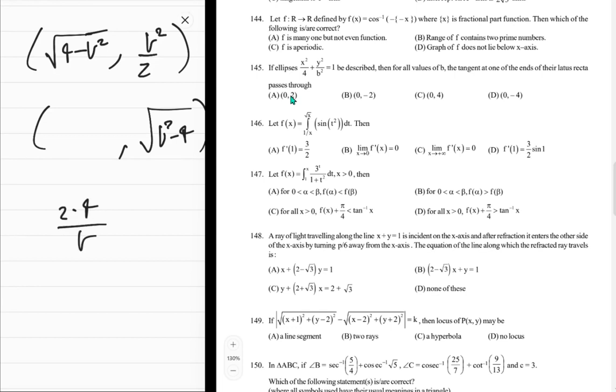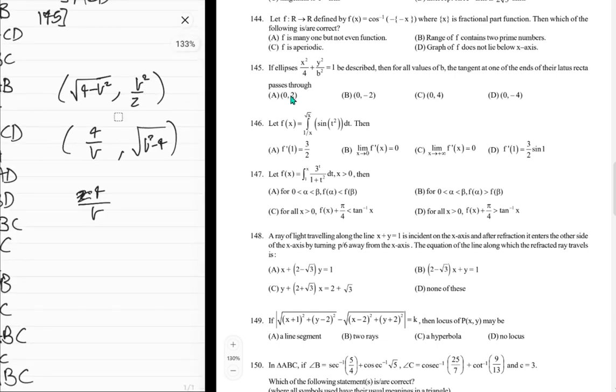What a is b, so yeah, but अपने को लेंथ नहीं चाहिए, इसका सिर्फ आधा चाहिए. So 4 upon b, और फिर इस पॉइंट पे अपने को ढूंढना है कि क्या रहेगा.